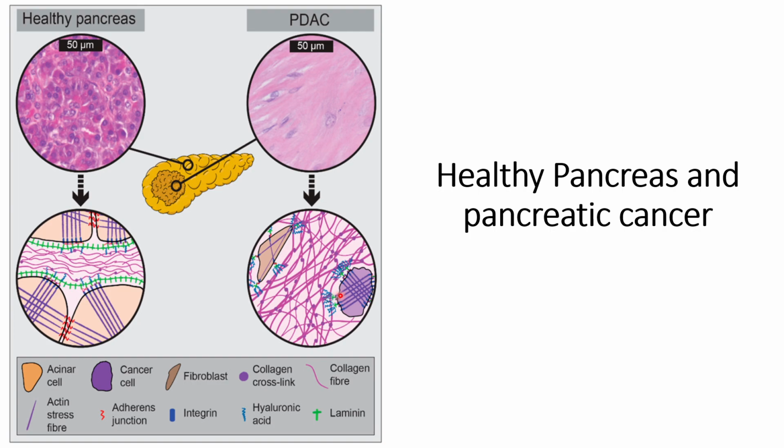So that will act as a physical barrier that will prevent the immune cells from coming and finding the non-self epitope on the pancreatic cancer cells. Whereas in the case of the healthy pancreas, all these collagens are very uniform, and it does not disturb the regular functions of the healthy pancreatic cells.